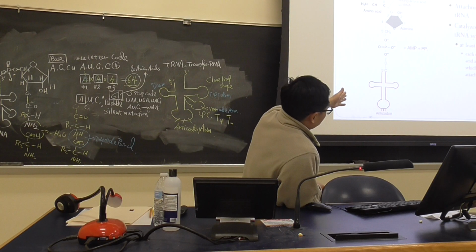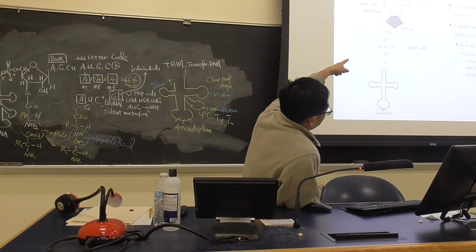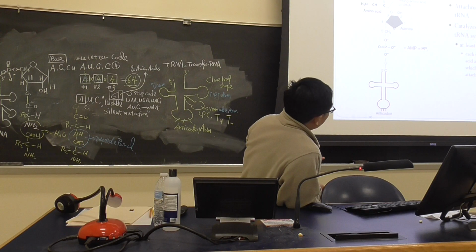The phosphate is connected to the anticodon of the tRNA, and then you see the 3' carbon. The 3' carbon is connected to the amino acid. And of course, this needs an amino acid, a tRNA, hydrolyzed ATP, and magnesium.